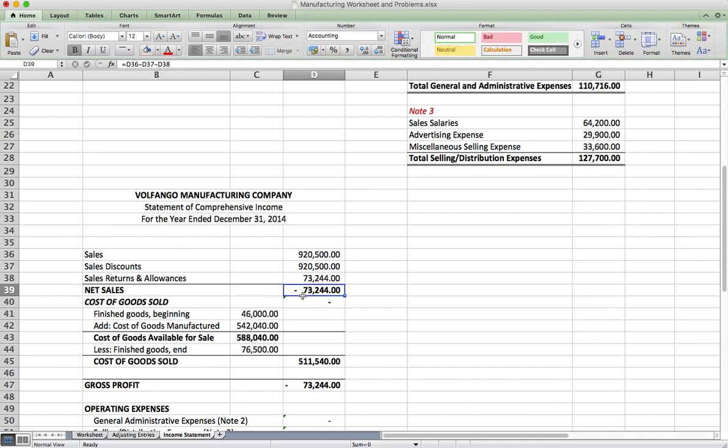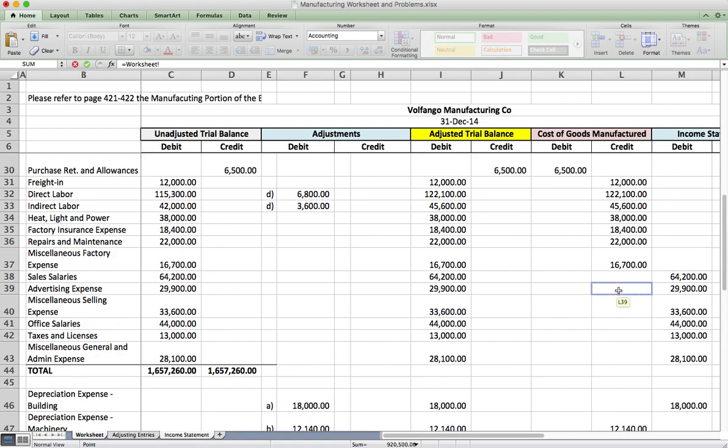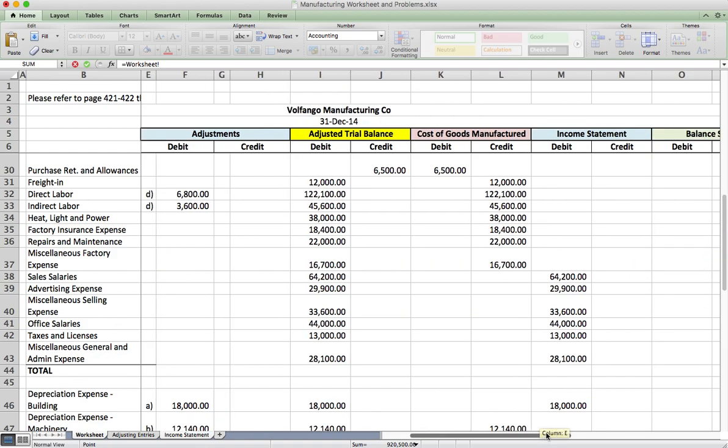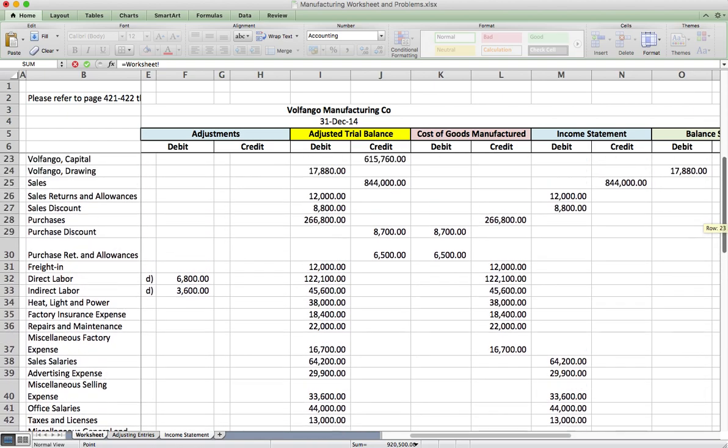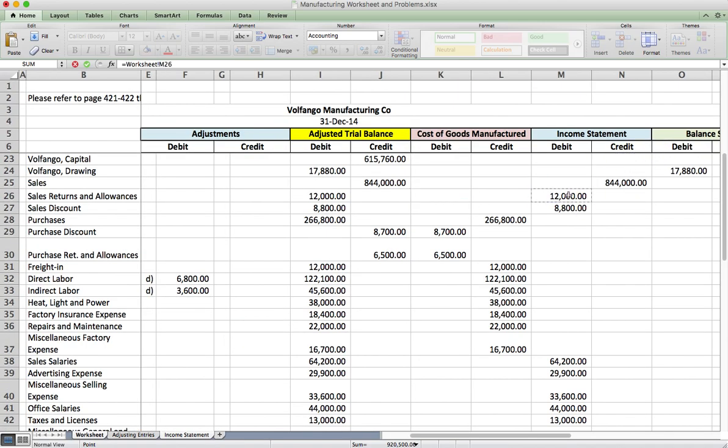So, nandito si net sales, sales, and then sales discount. Magkano ang sales dito? Worksheet. 844. Sales discount ay 12,000.